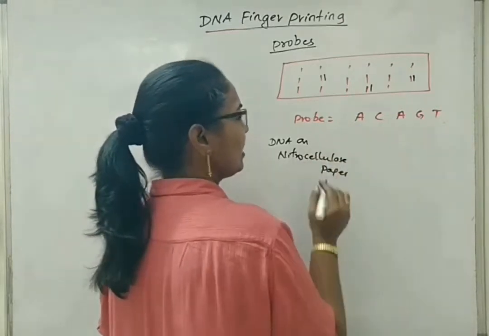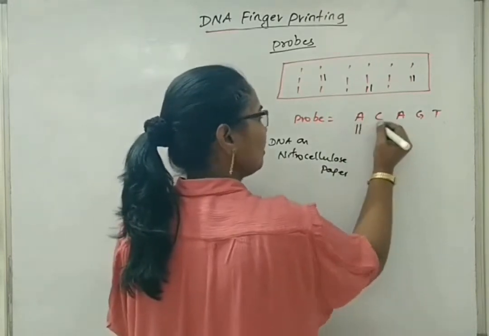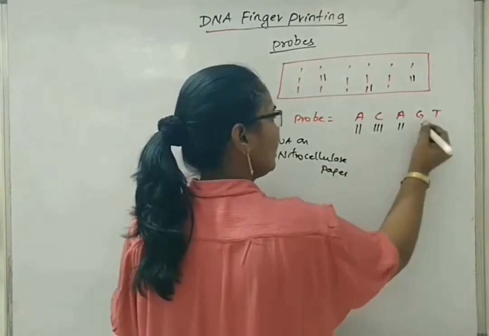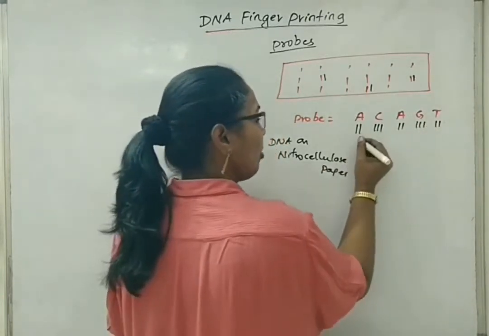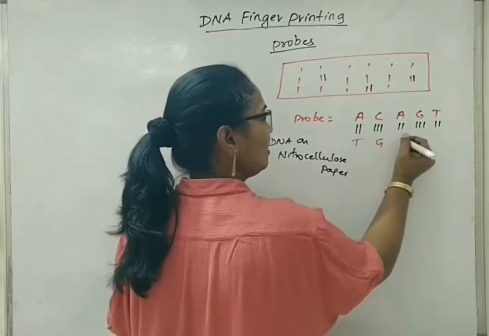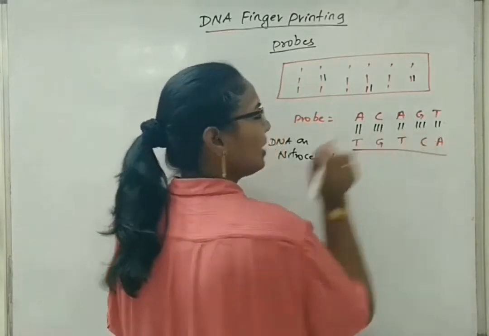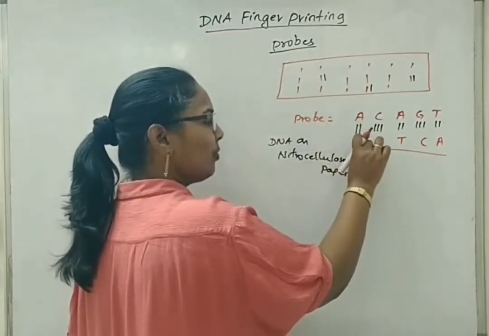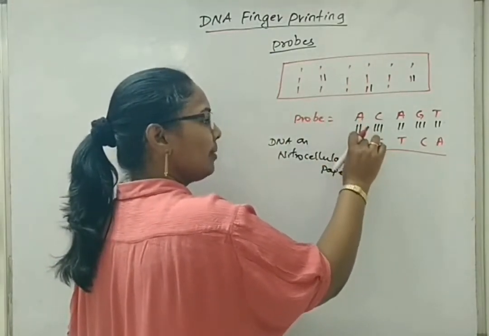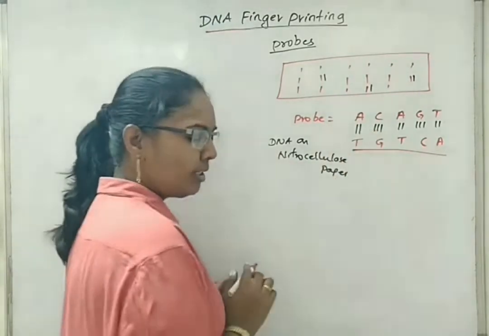We don't know their gene sequence. But if the probe has formed some bonds with unknown DNA sequences, it means that they must be thymine, guanine, thymine, cytosine, adenine. Then only it will form the hydrogen bonds. So a probe binding to an unknown DNA fragment means it binds only if there is complementarity with the help of hydrogen bonds.